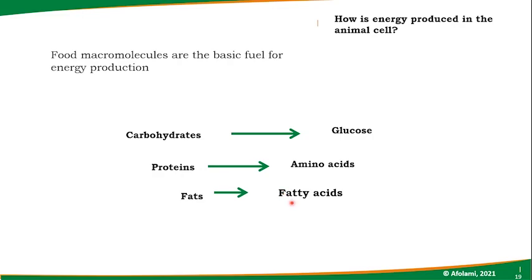But these 3 are the fuels that are used to generate energy. So for carbohydrates, essentially, everything boils down to glucose, and energy is generated from glucose. For proteins, everything boils down to amino acids, and energy is generated from there. And for fat, everything is broken down to fatty acids, and energy is generated from there.